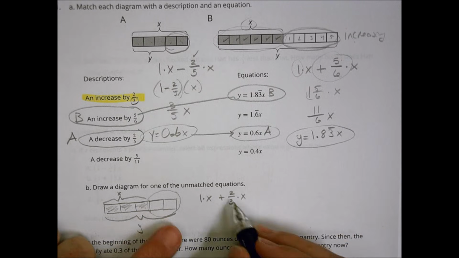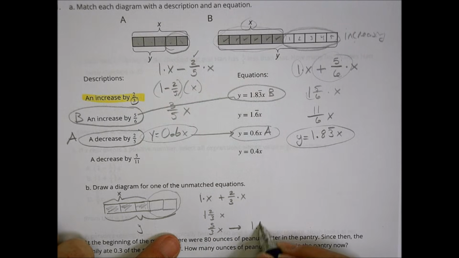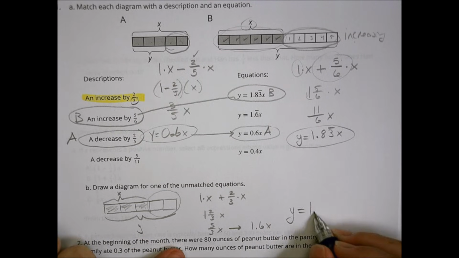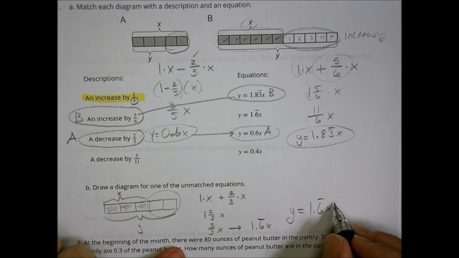Then I can combine 1 and 2/3, which is 1 and 2/3 x. 3 times 1 plus 2 is 5/3 x. And if I did that as a decimal, I would call that 1.6x, so y equals 1.6x. And that 6 repeats, by the way, when you use a calculator.